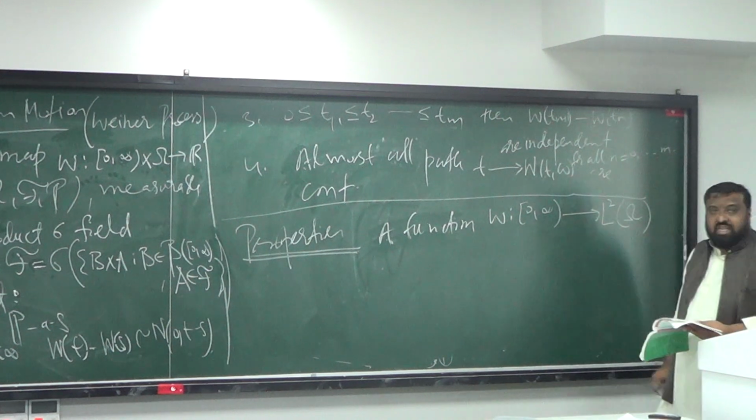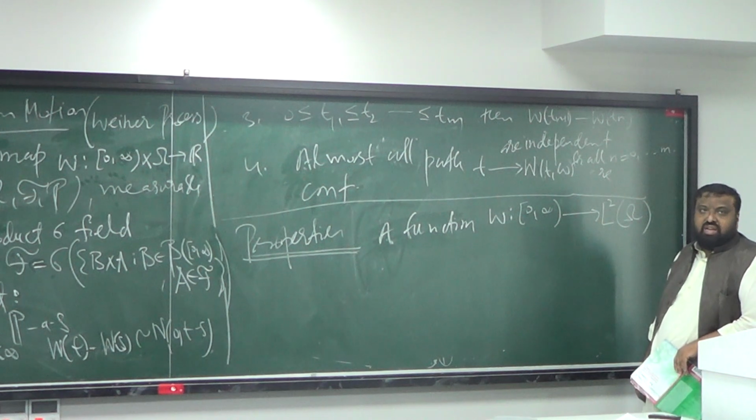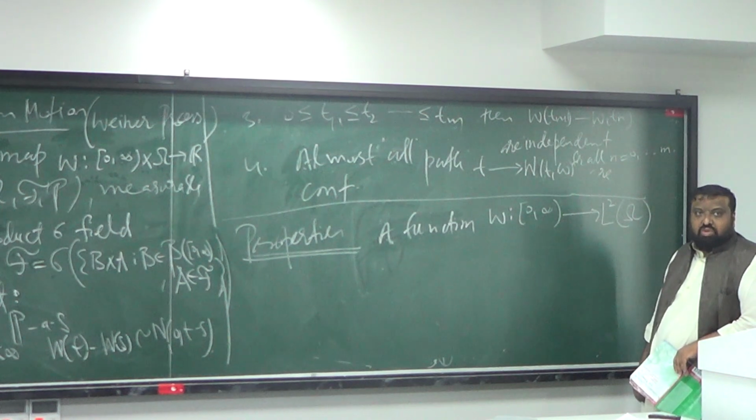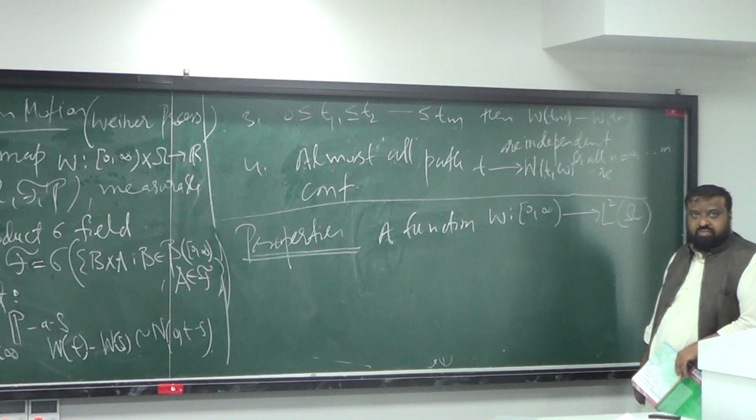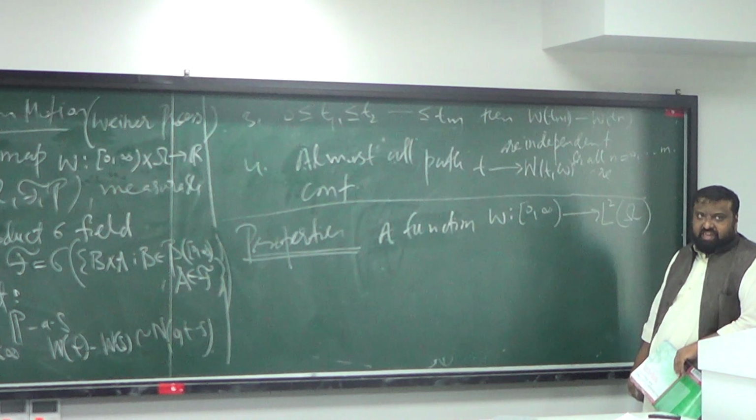So can I see W as a map from 0 to infinity to L2 of omega? Why does W belong to L2 of omega? Would that be a valid thing to say?